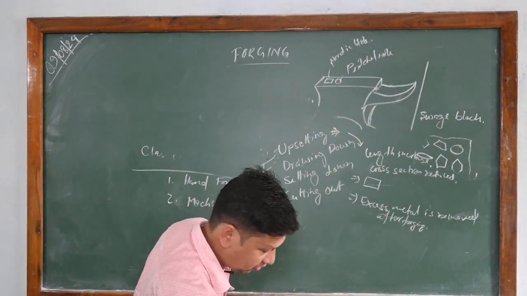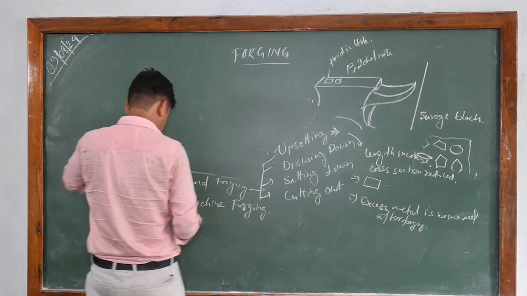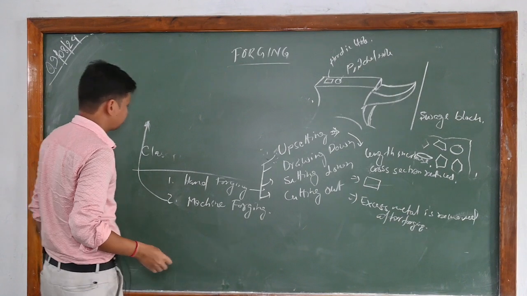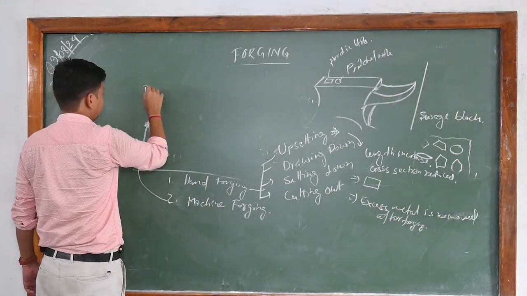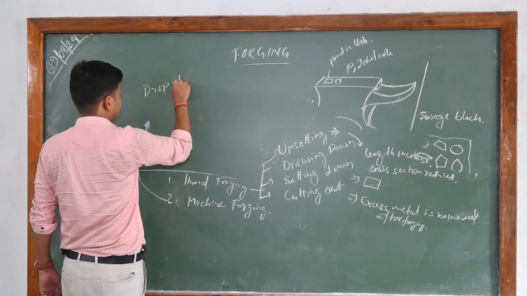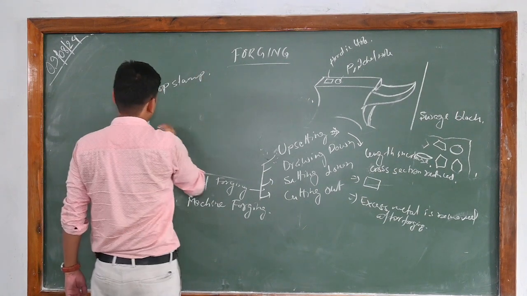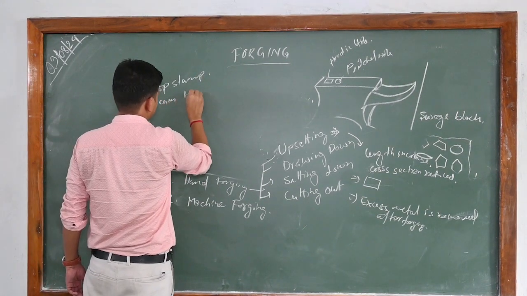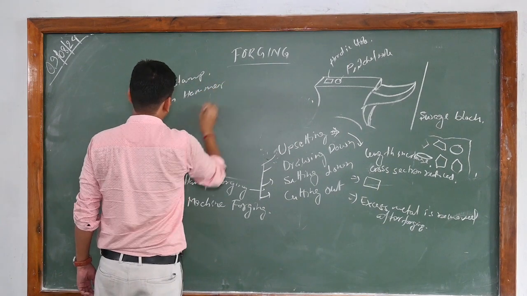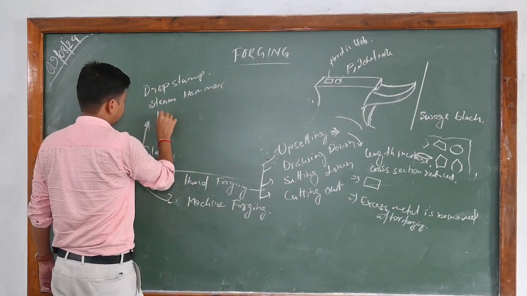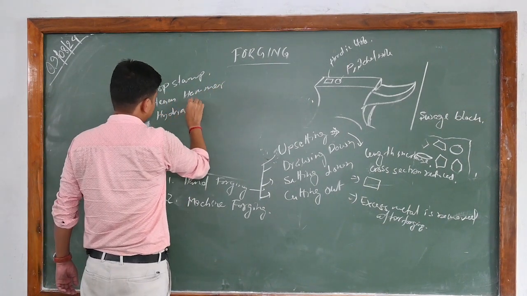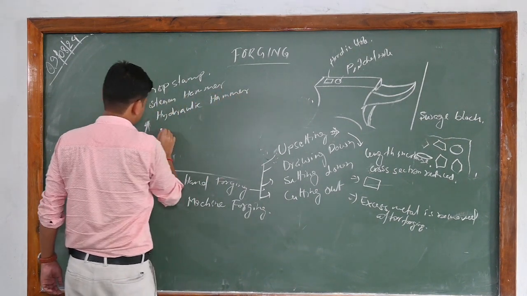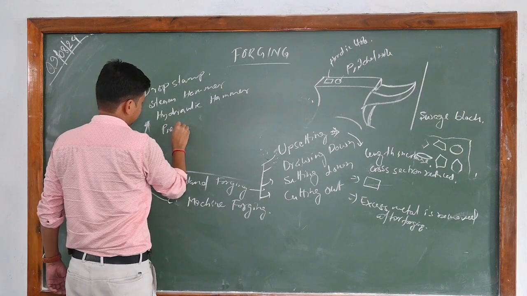In machine forging, we can see some instruments: drop stamp, steam hammer, hydraulic hammer, pneumatic hammer.